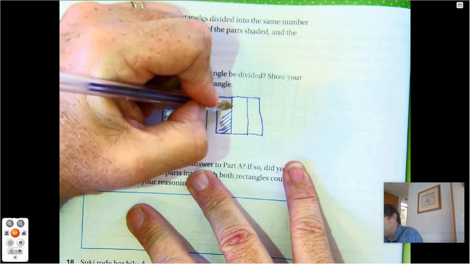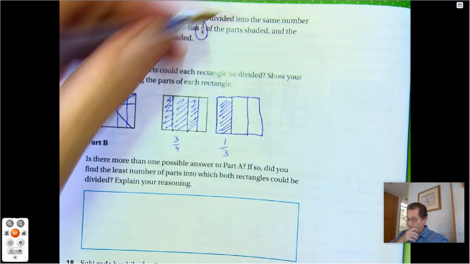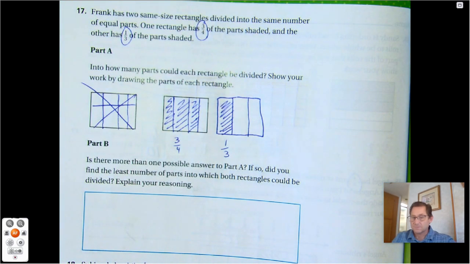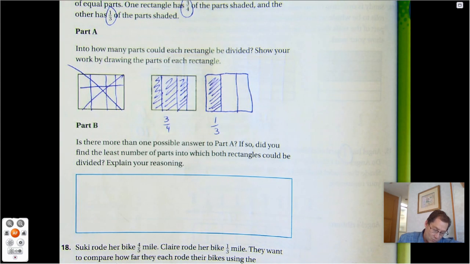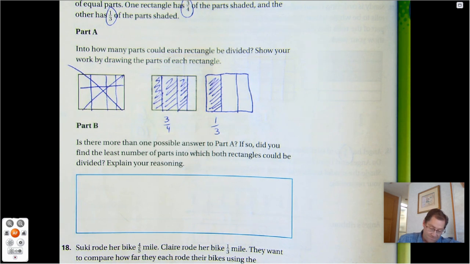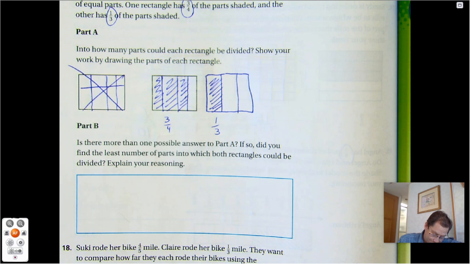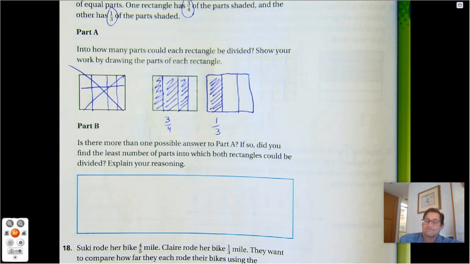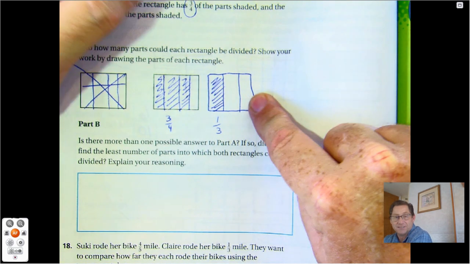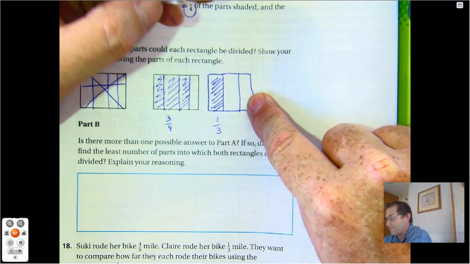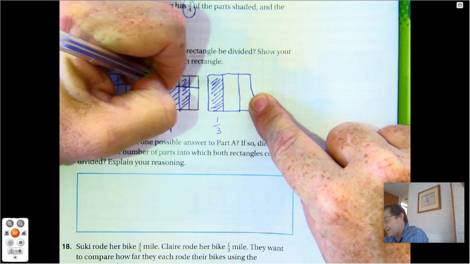Okay. So if we found a common denominator, that would tell us how many parts they could both be divided into, right? So 1/3 and 3/4. So what could we break that into? Well, this has 4 sections. This has 3 sections. What if I took this and broke it into 3 sections that way?